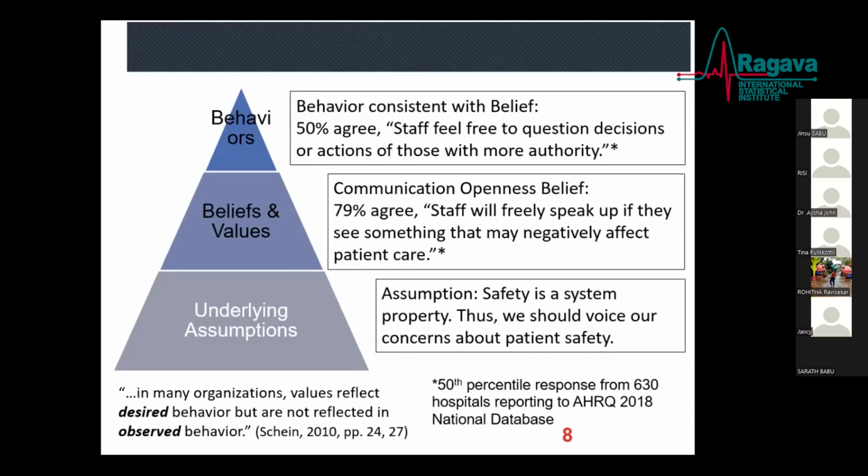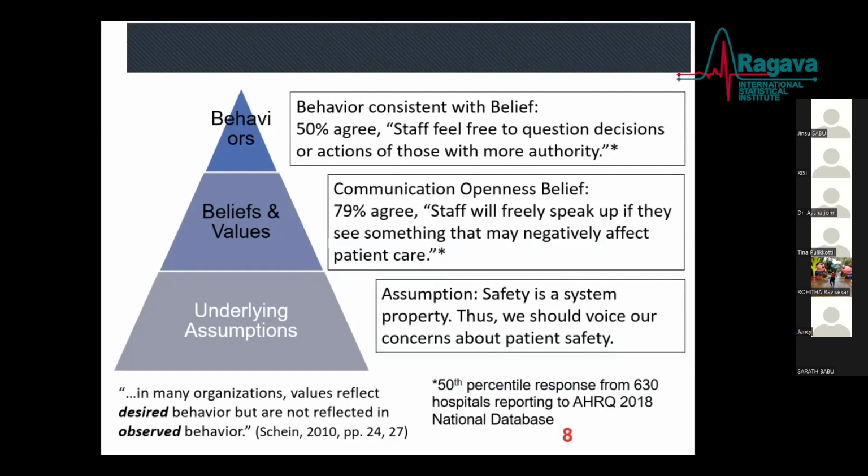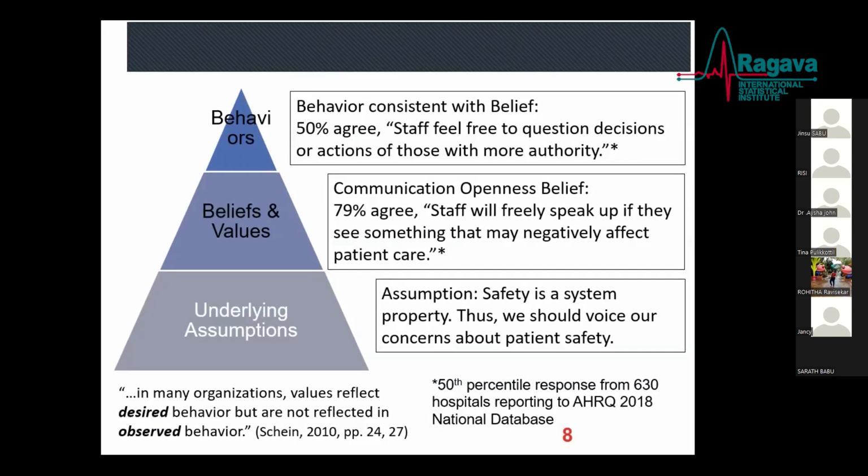If you see the safety culture report, it might say this is the percentage, but the underlying assumptions may differ, and in reality, if you go and see at the ground level, the percentage may be even lower. That's what Dr. Edgar is trying to say. Next is belief and value. Communication openness belief: 79% of staff agree that staff will freely speak up if they see something that may be negatively affecting patient care. In reality, it may not be the same.